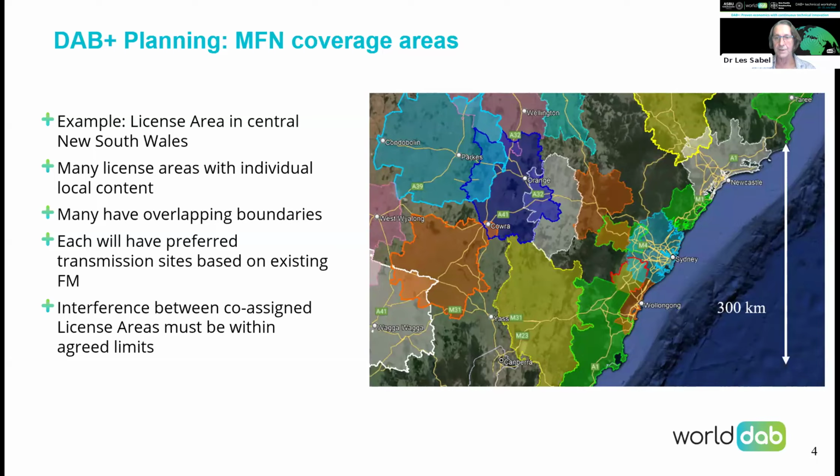So you can see a number of yellow, a number of orange, a number of blue frequency blocks. Each color is the same frequency. So in this case, the transmissions need to cover the license area, but must not interfere with the transmission in those other license areas, whether co-channel or whether they're adjacent channel.